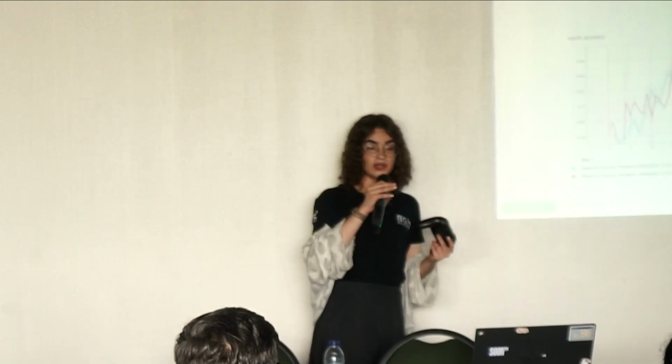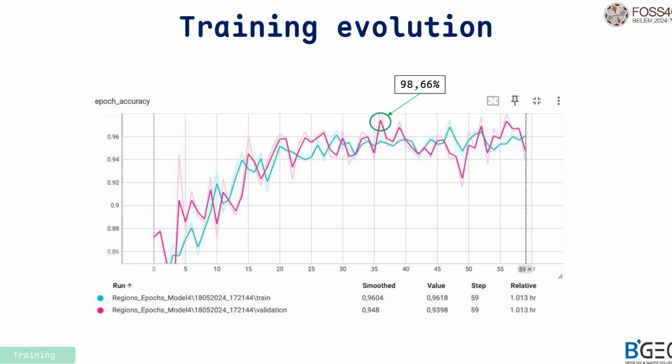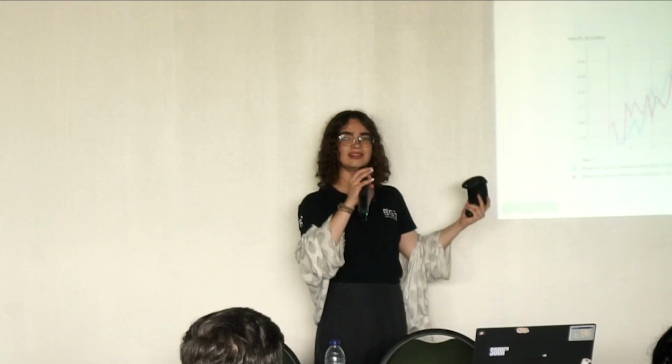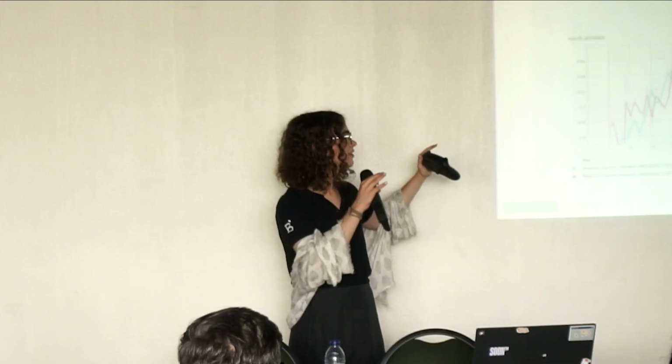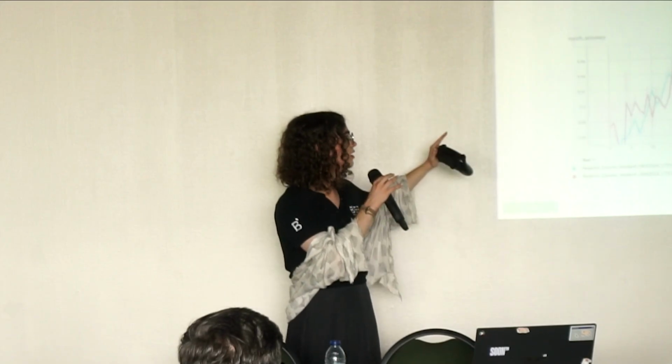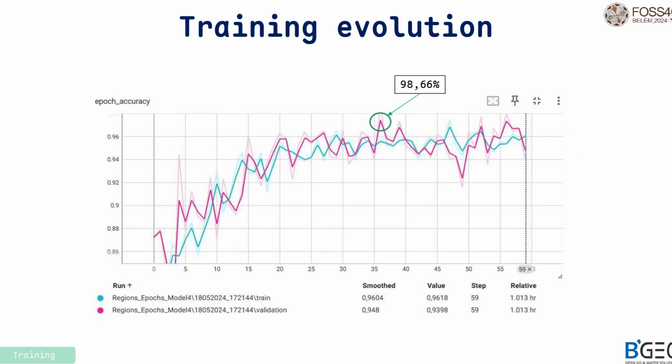A bit about the training itself. As you can see, for anyone that is familiar with training neural networks, this is very good news. This is the evolution of accuracy over time while we train the model. The blue and pink lines are the training and validation accuracy, and as you can see, they're right on top of one another.